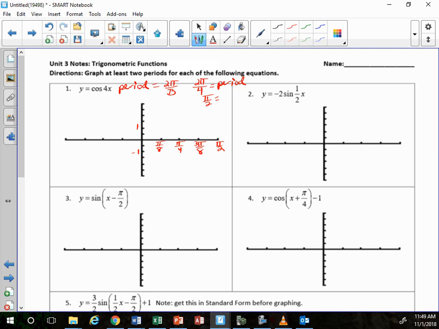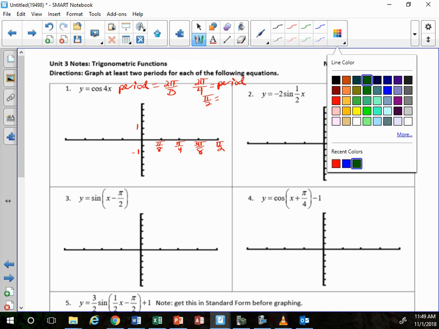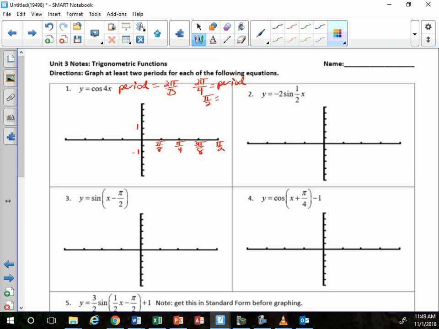Okay. So now I can plot the points exactly as I had them for my parent graph. It's very weird to say, do not think about the values. Think about the pattern of the parent graph. Cosine was the one that started up at 1, right?